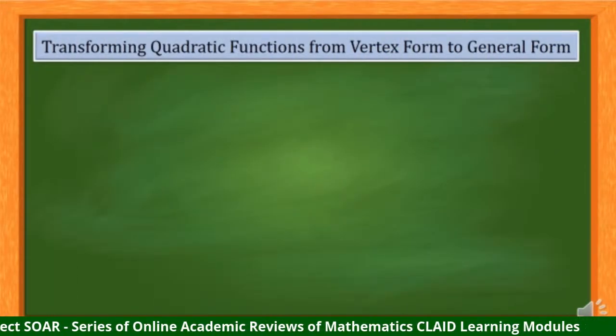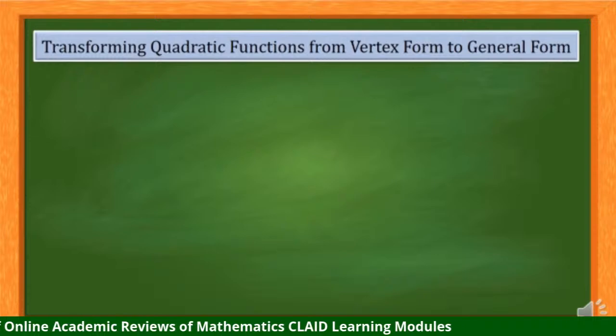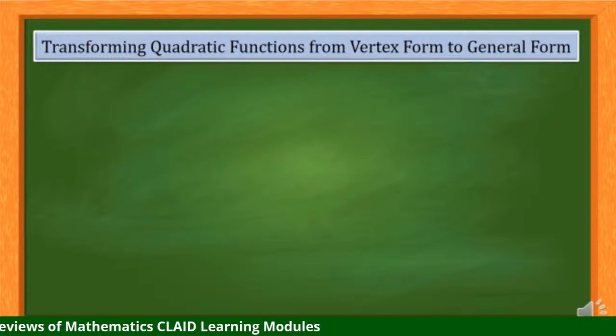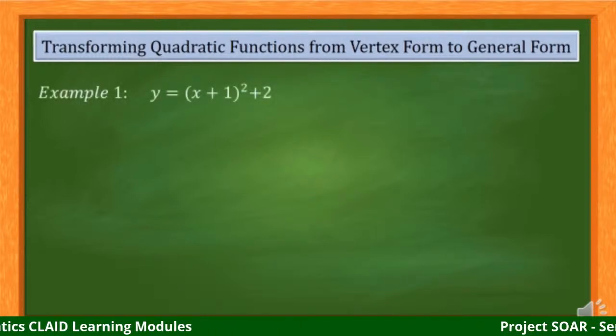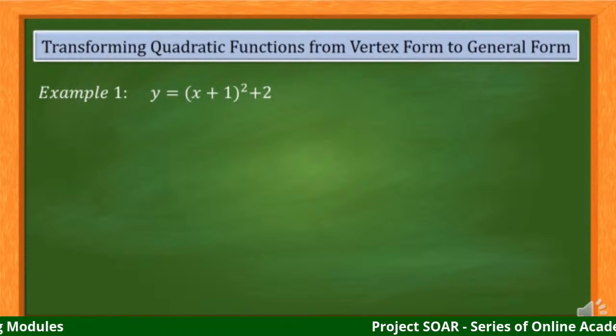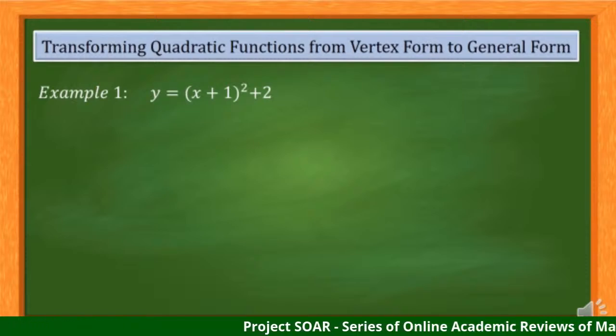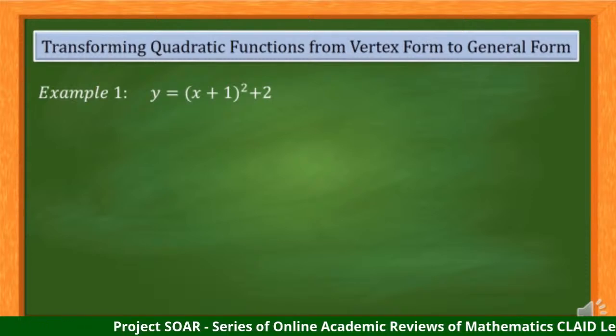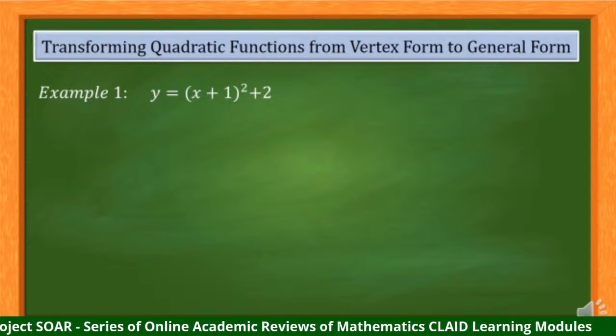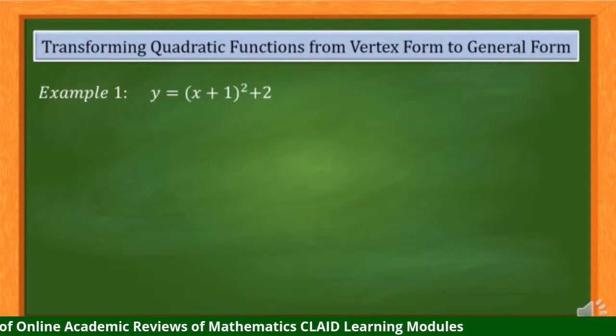Let us proceed in transforming quadratic functions from vertex form to general form. For example number 1, we have y is equal to the quantity of x plus 1 squared plus 2. So ang una nating gagawin is to expand x plus 1 squared.